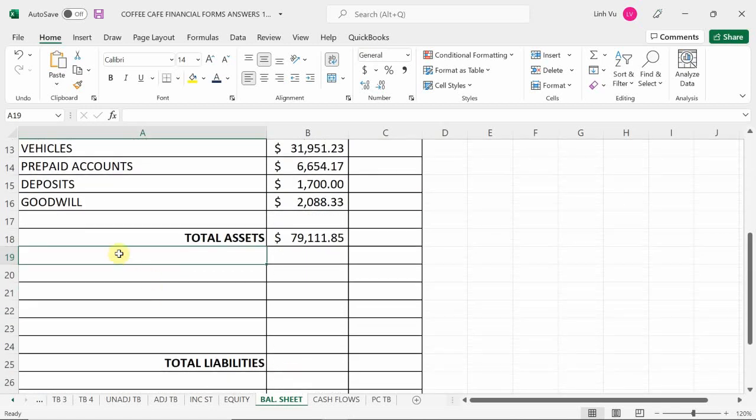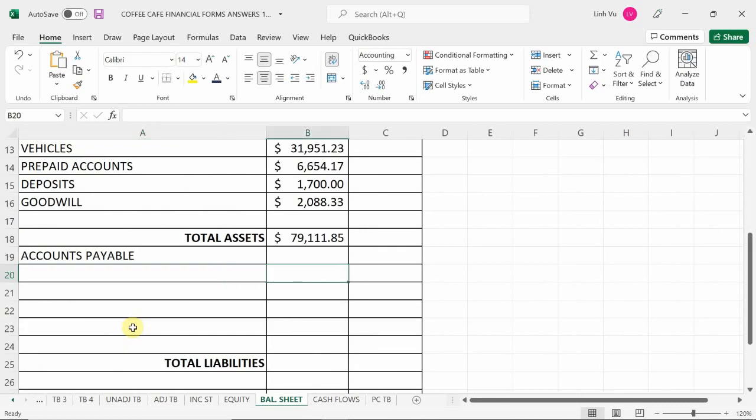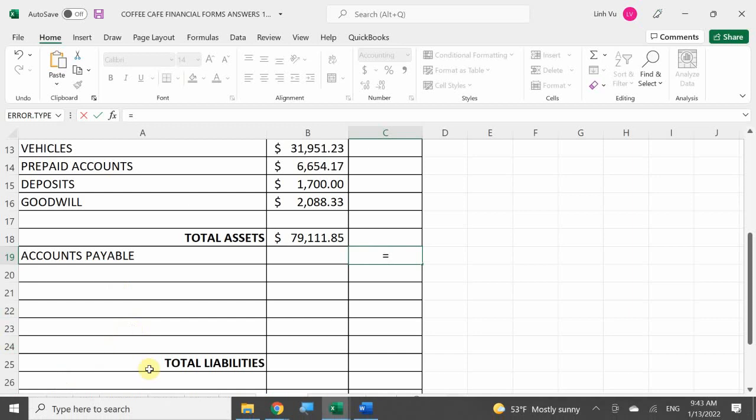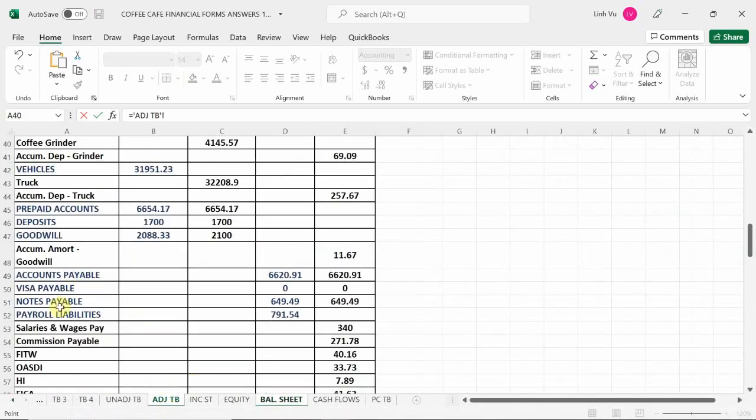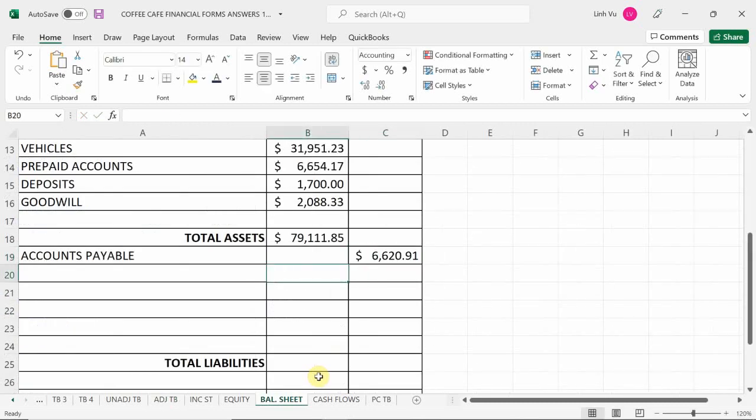So all your liabilities are going to include, first account we have is accounts payable. Okay, I'm going to put this on the right side, which is currently at $6,620.91.